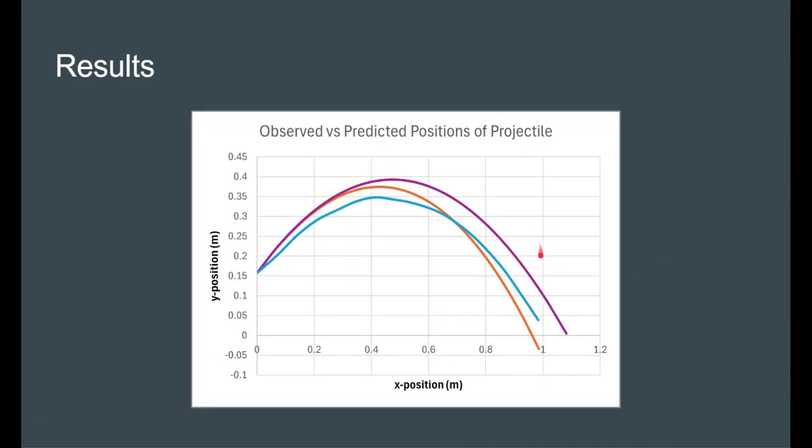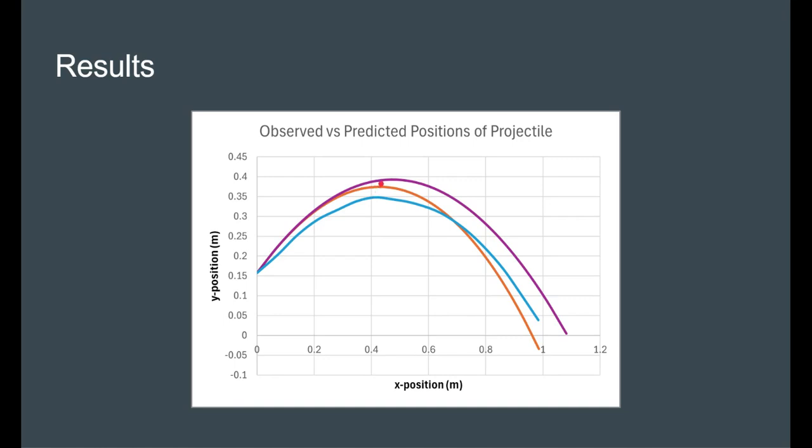So the way these actually stack up, over here the blue was our experimental model. Purple, as one would expect, went higher in the y direction and further in the x direction. Interestingly, when drag was factored in, the best I could get was to have it end at the same x position, the orange here, but it still went further down in the y and further up in the y.